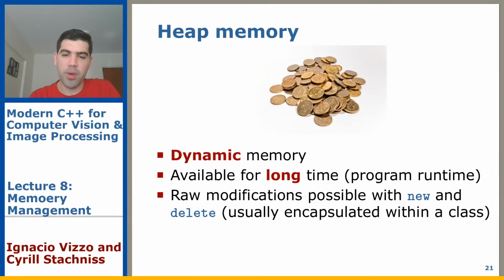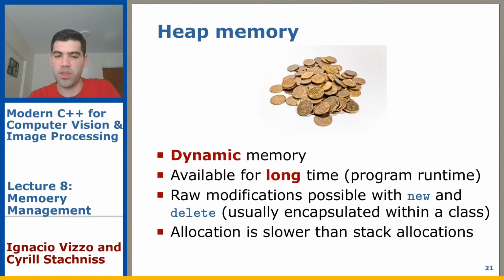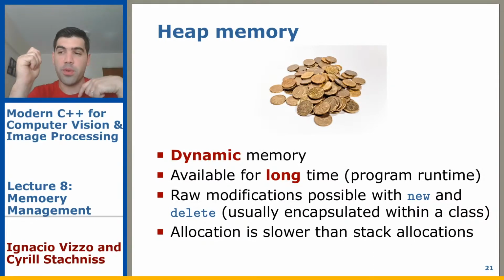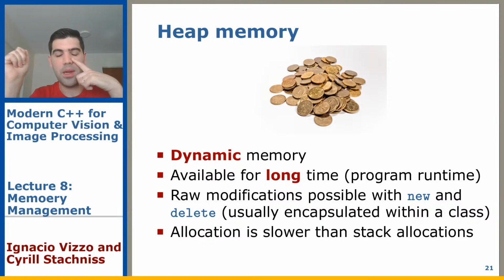And then you can do raw modifications with new and delete. To work with this memory, you will need to use these two operators. Allocation is slower than stack allocation, because this is no longer a stack. When you do new, this is a call to the operating system, and the operating system needs to go to the RAM and look for where it can put the coins you want to allocate.